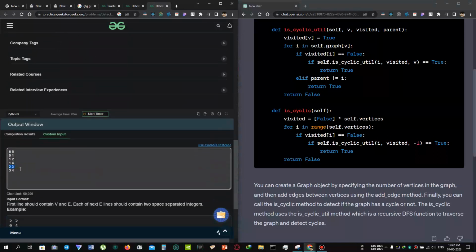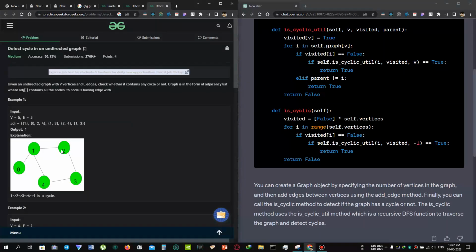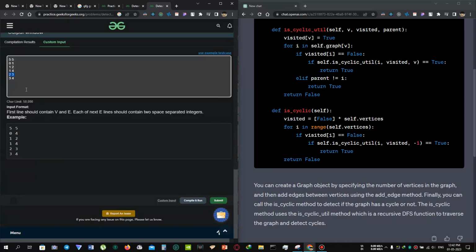So notice this: there is a path from 2 to 3 and there is a path from 2 to 1 also, but they have not mentioned it here.